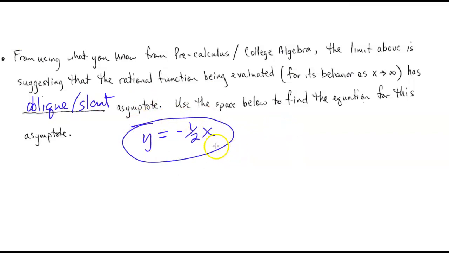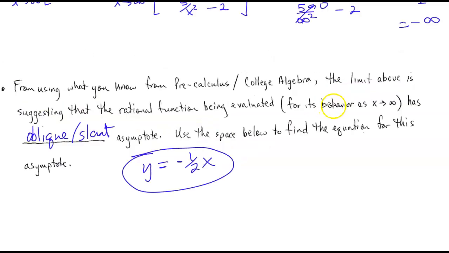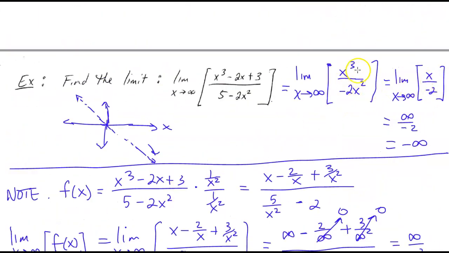The way I got it is essentially by evaluating the limit this way and knowing that as x approaches infinity, this rational function will act more like the quotient of its leading coefficients. We could also do it the traditional way and divide this cubic function by this quadratic one, and we'll see that the quotient ends up being negative 1/2 x as well.